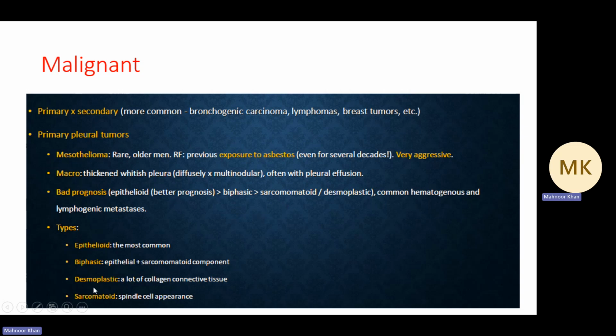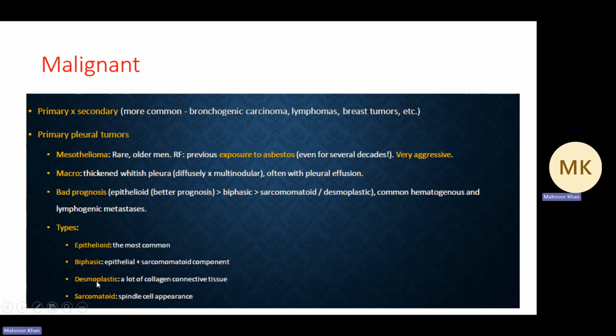So there are four types of malignant mesothelioma. Epithelioid, the most common one, looks somewhat like papillary lesions. Then biphasic, somewhere between sarcomatoid and epithelial. Desmoplastic has a lot of collagen, and sarcomatoid has a spindle cell appearance under the microscope.